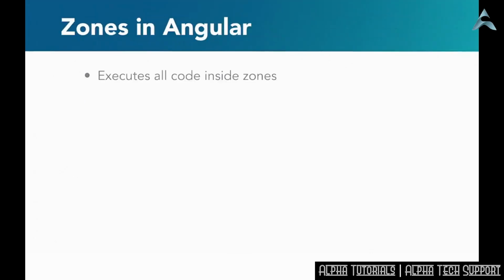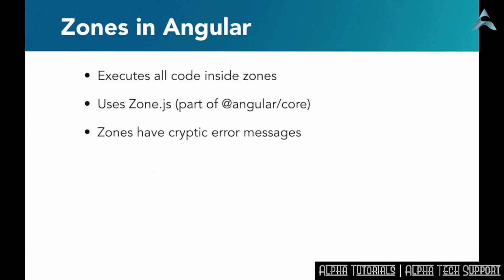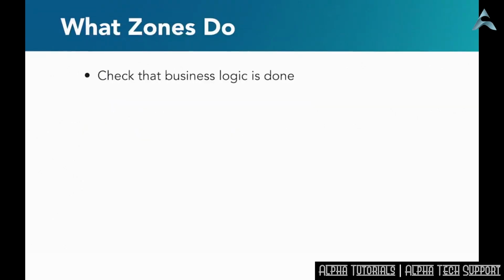Angular executes all code inside of zones. It does this using zone.js, which is now part of the Angular core library. Zones are great for high-performance applications, but they can cause cryptic error messages in the console and can be hard to diagnose. Understanding how zones work will help you pinpoint the root cause of errors much more effectively. Frameworks like Angular use zones to check that all business logic is complete before it updates the DOM.